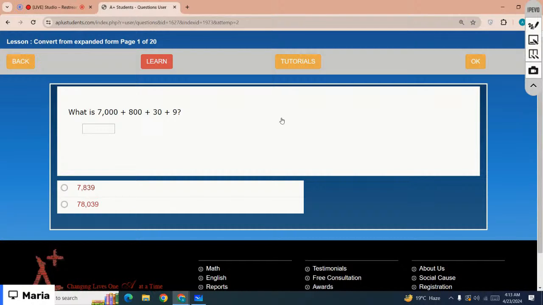Then you have 8 at the hundreds place. Then you have 3 at the tens and 9 at the ones. Very good. That is 7,839. Option number 1 is the correct option, right?